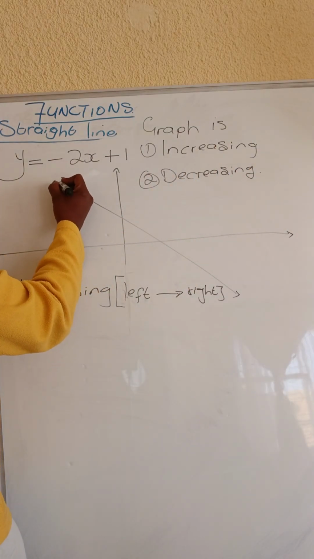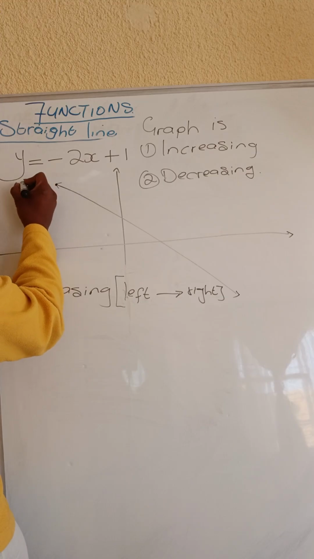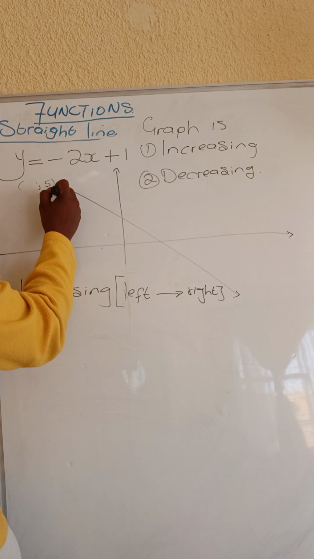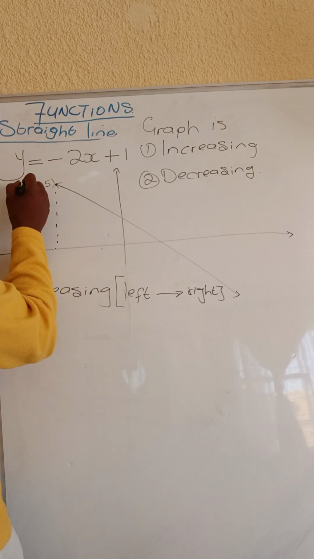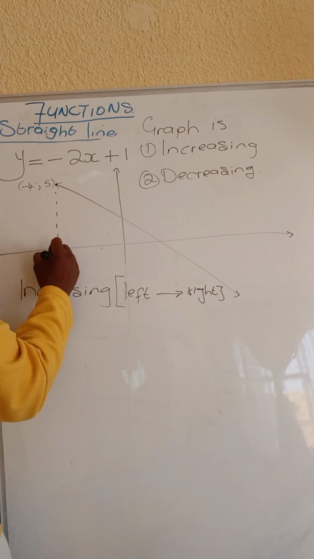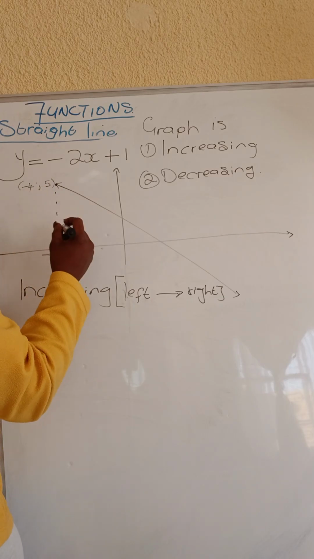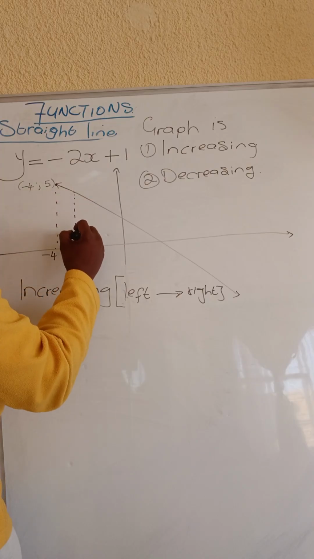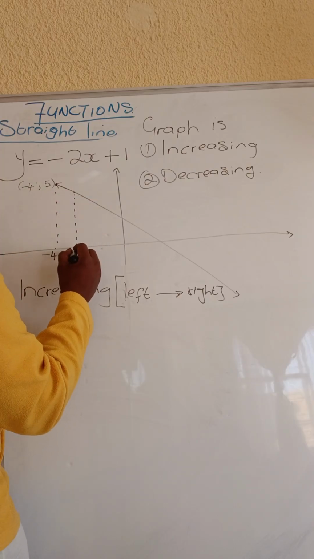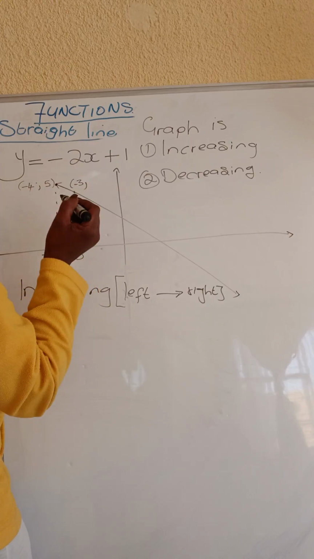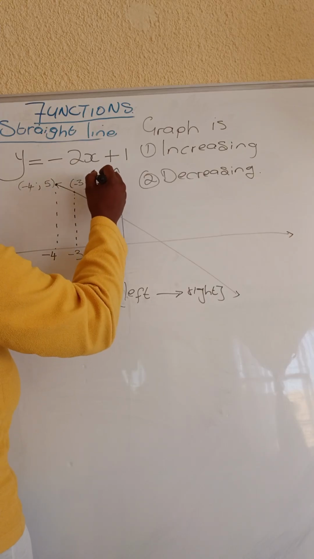Let us say the y value here is 5, and the x value here is -4. So x is -4, y value is 5. Now let us come to this point. Let's say the x value is -3, and the y value here is 4.